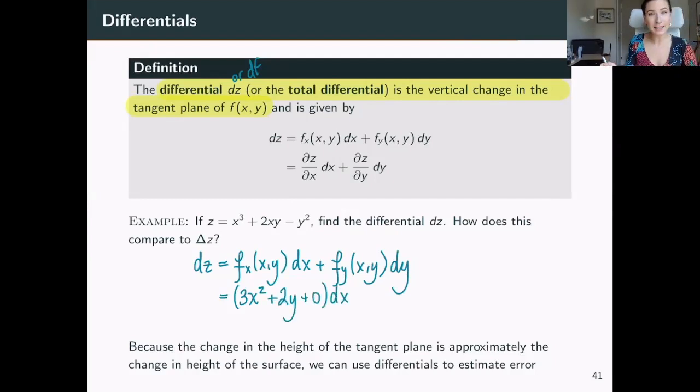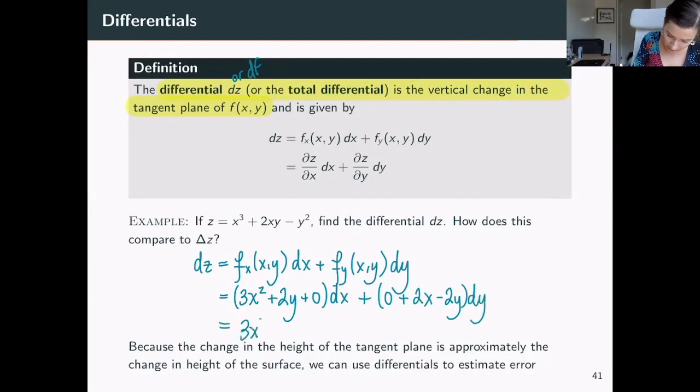And I have that my partial with respect to y is going to be 0 plus a 2x minus 2y dy. And simplifying this, we get 3x squared plus 2y times dx, plus we have a 2x minus 2y dy.